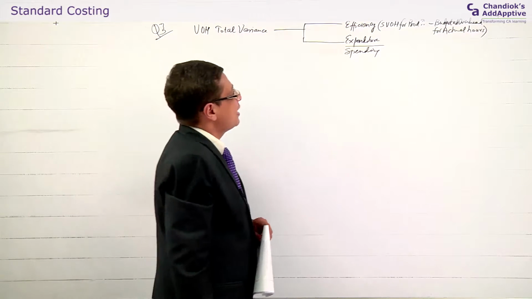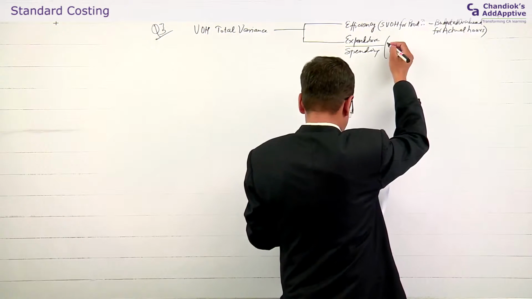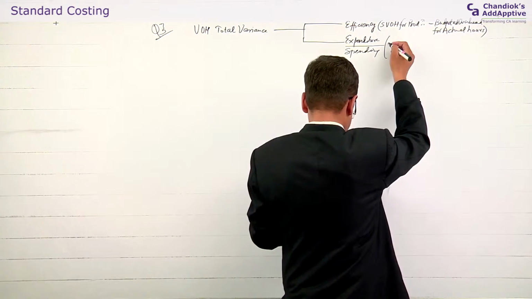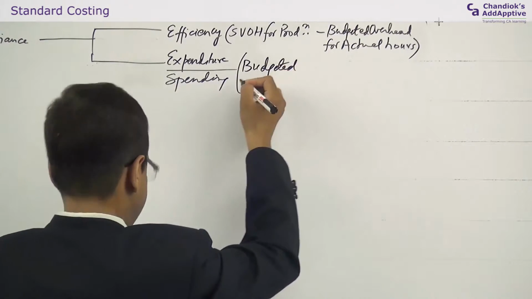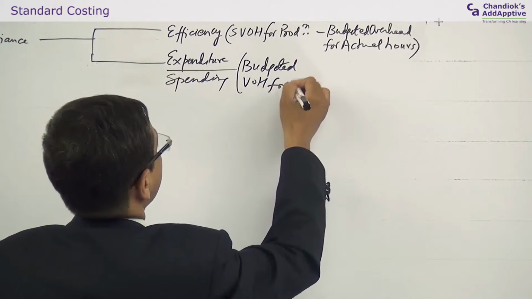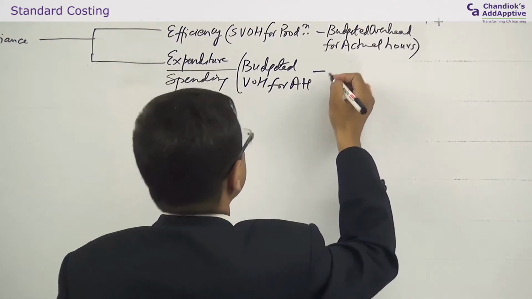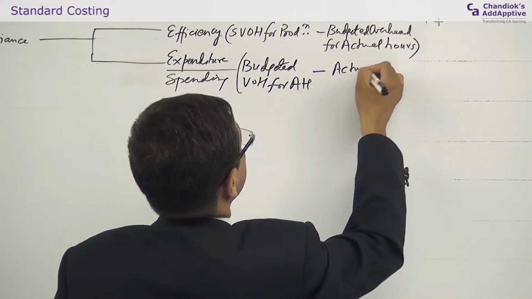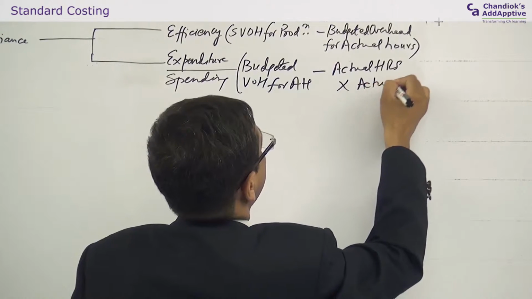In case of expenditure or spending variance for variable overhead, the formula becomes budgeted variable overhead for actual hours minus actual hour into actual rate.